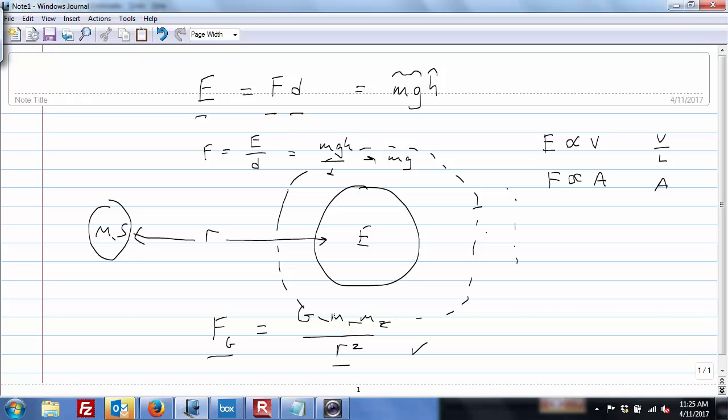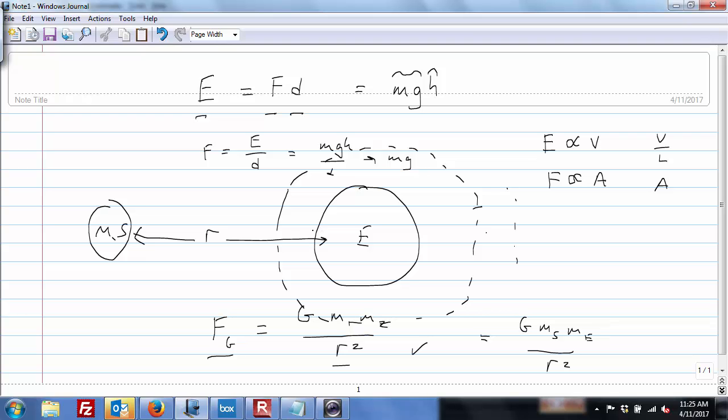And obviously, the bigger these two things are, the bigger the force. So if we rewrite this as force of gravity equals G times the mass of the Sun times the mass of the Earth over r squared. Now here's the interesting part.